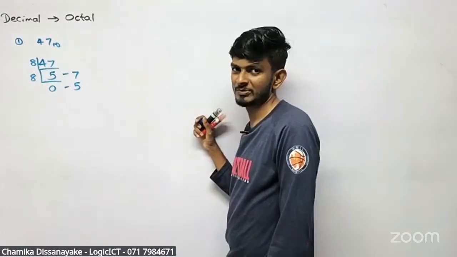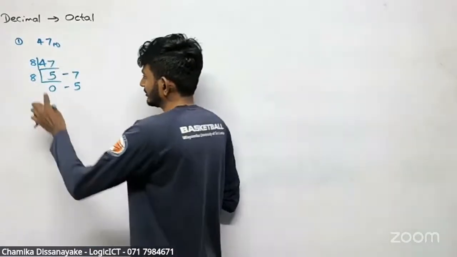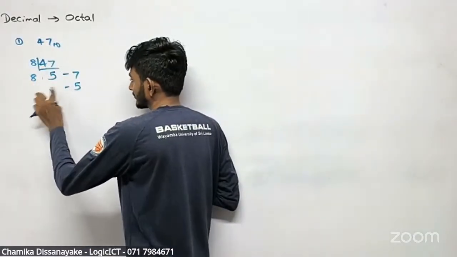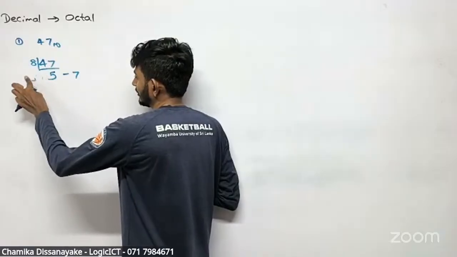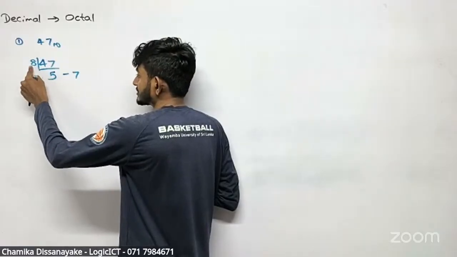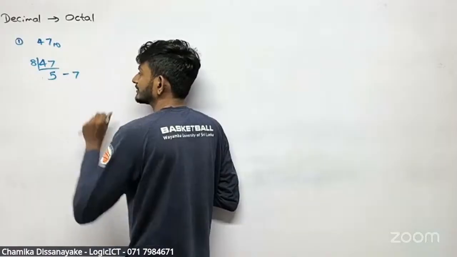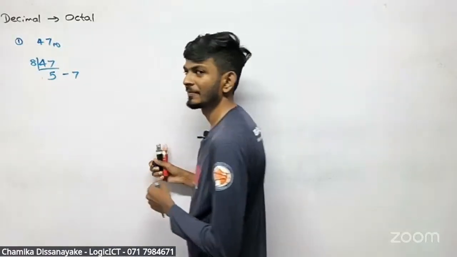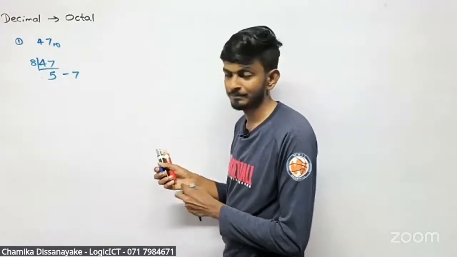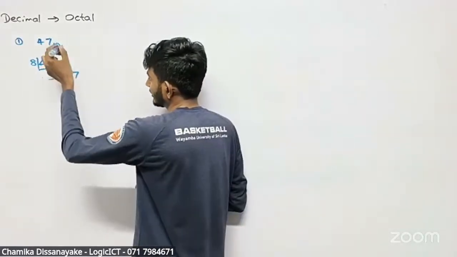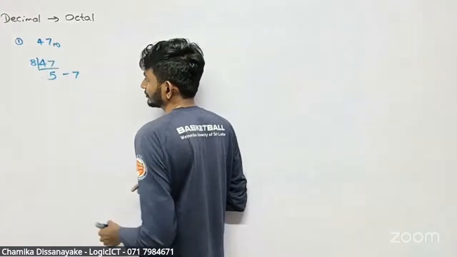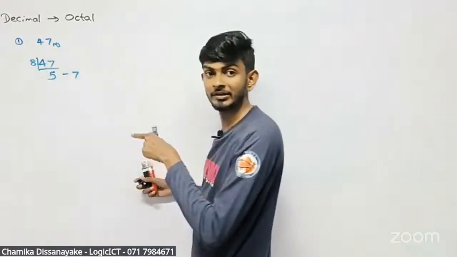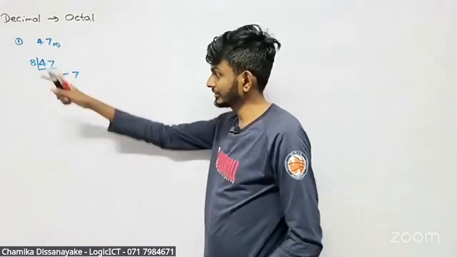Same thing. That means here we got 5 in the earlier stage. 5 means less than 8, so we can keep this 5 and 7 as the answer. It's simple, so the steps are reduced. When we convert into binary numbers, we have to divide several times, no?